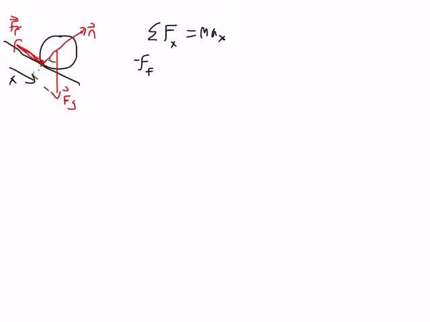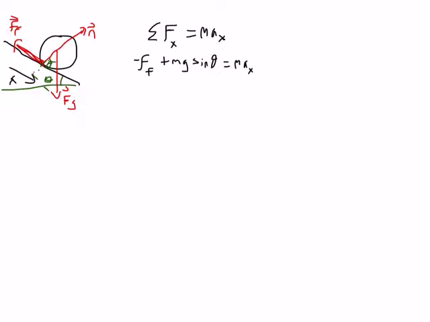If this is theta, then that is also theta, right? So if we take all that into account, we have the force of gravity, which is mg, and we need the opposite side, so sine theta, right? So that's true, but it's not totally useful because we don't know the acceleration.